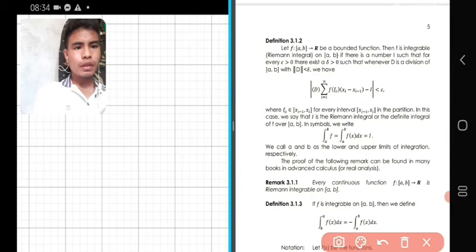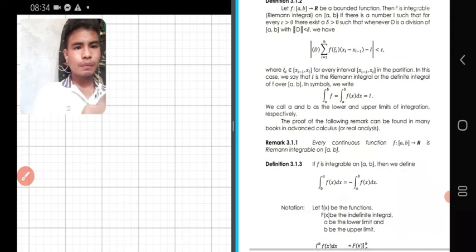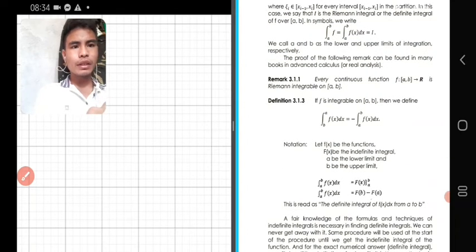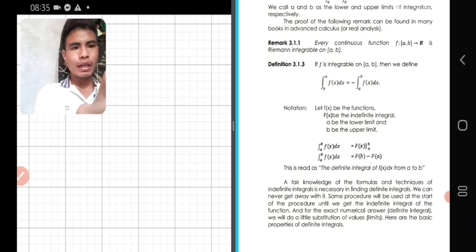Now let's move to the remark: every continuous function from a to b mapping into R is Riemann integrable on a and b. In definition 3.1.3, if f is integrable on a and b, then we define this one.